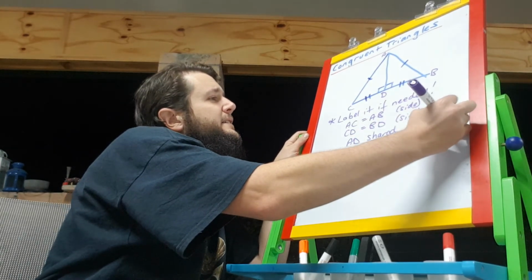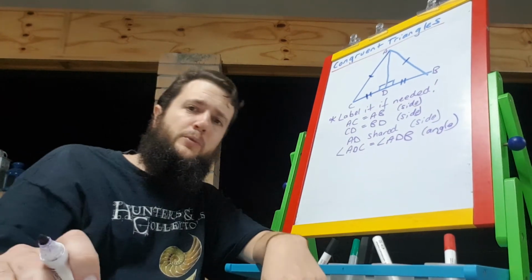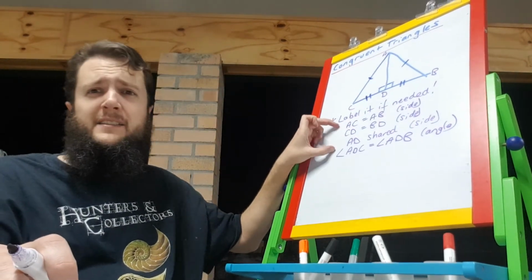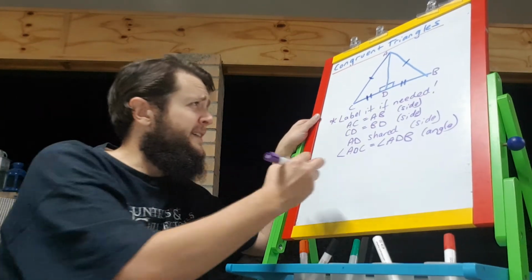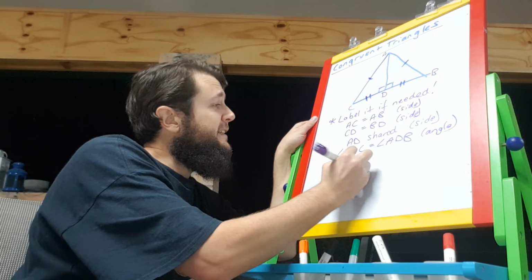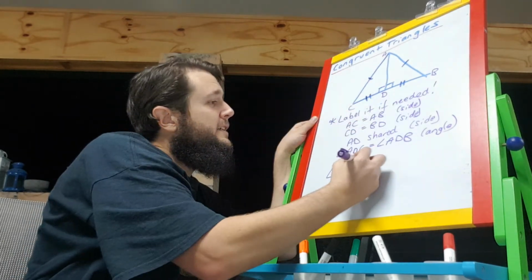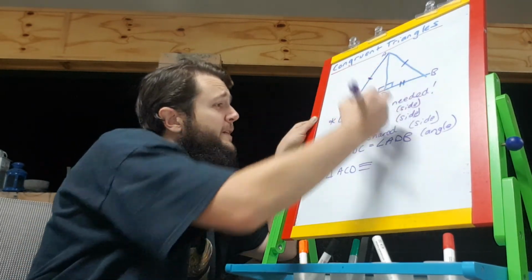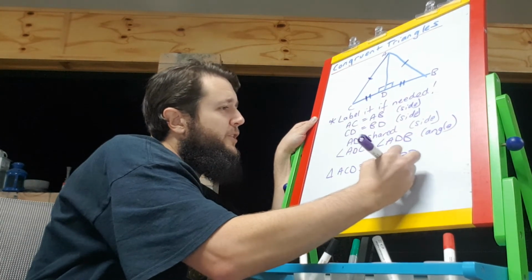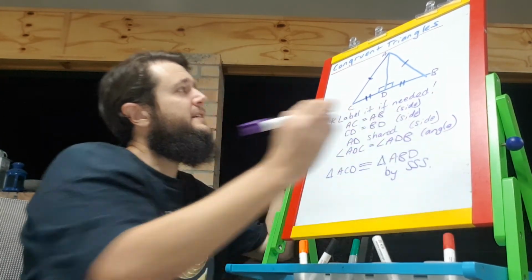In cases like this, sometimes you can make multiple rules fit. To start with, I'd say that, look, 3 sides together, straight away that gives us SSS. So I can write that triangle ACD is congruent to triangle ABD by the rule SSS.